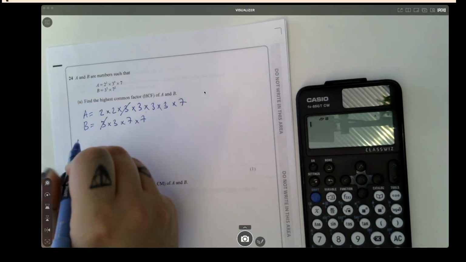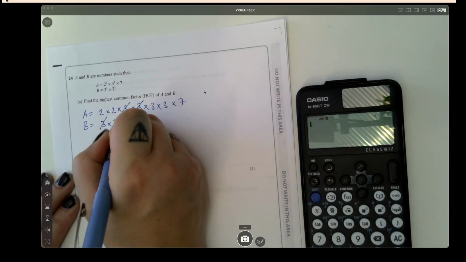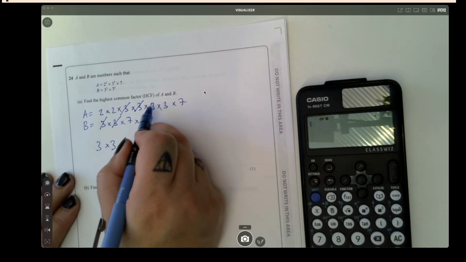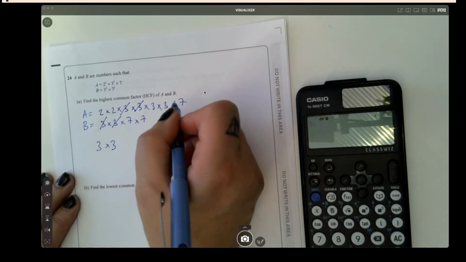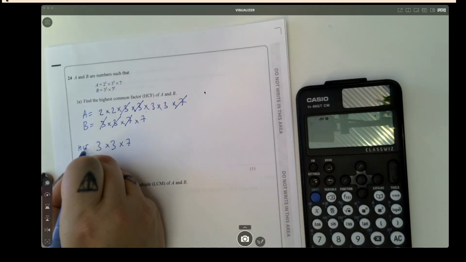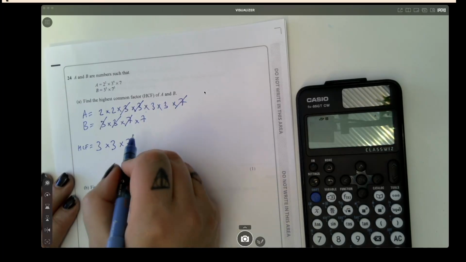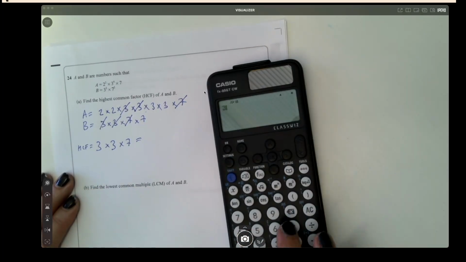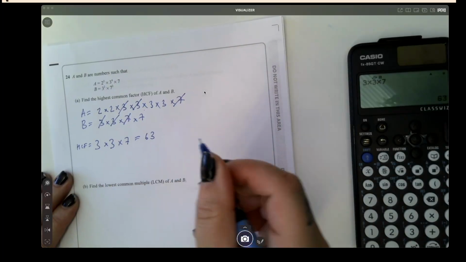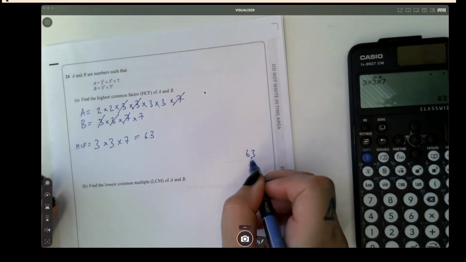So I can take a 3, I can take another 3. Can't take any more 3s from B, so they have to stay where they are. I can take a 7 from each. So the highest common factor is 3 times 3 times 7, which is 63. So I'm going to put 63 here.